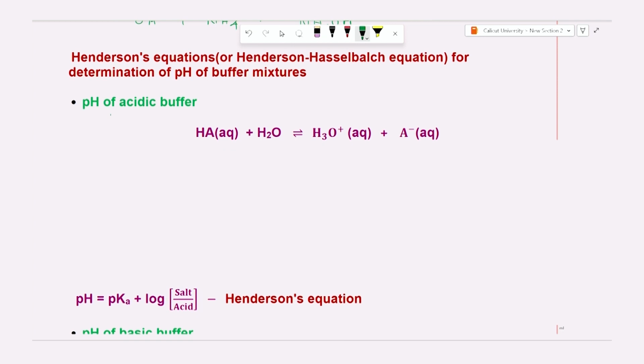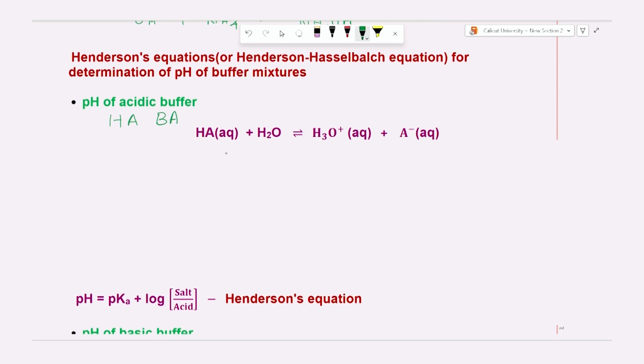For that, we have an expression known as Henderson's equation, or it is also known as Henderson-Hasselbalch equation. Now, what we are going to do is, we are going to take an acidic buffer. Acidic buffer means it has got a weak acid HA and its salt from a strong base.